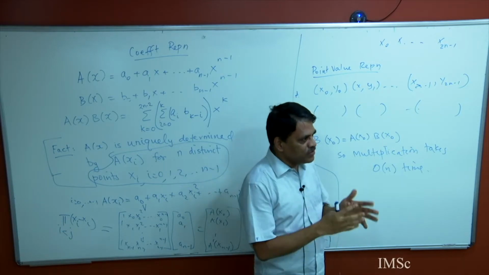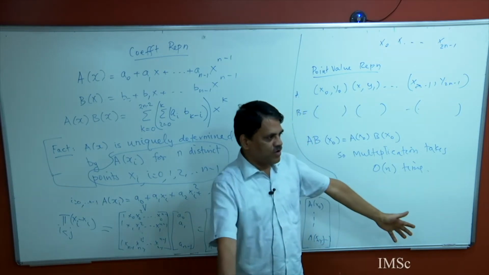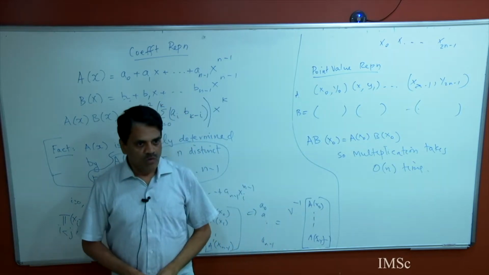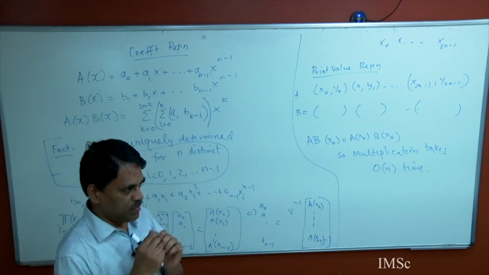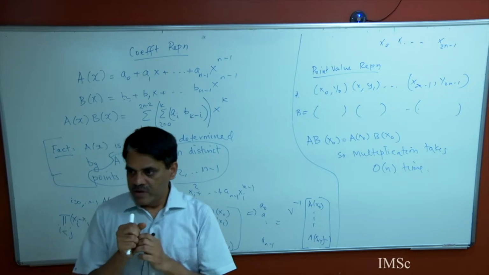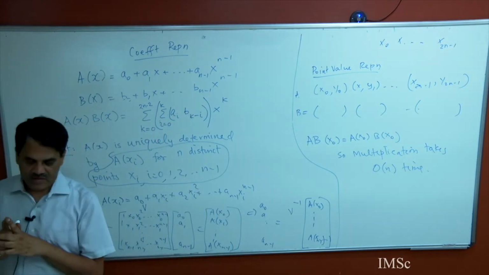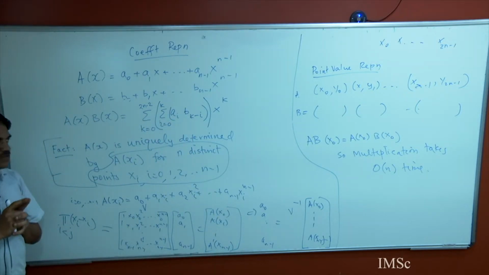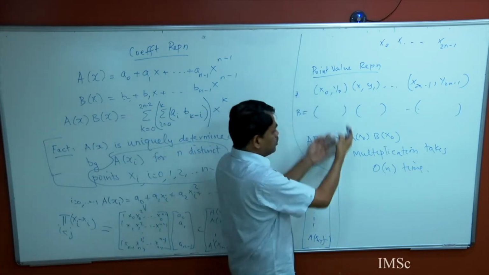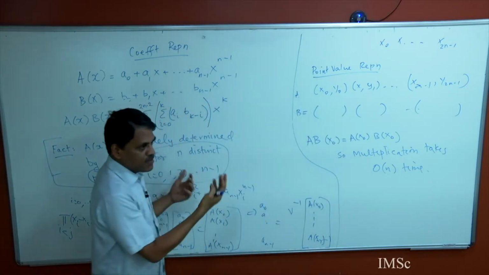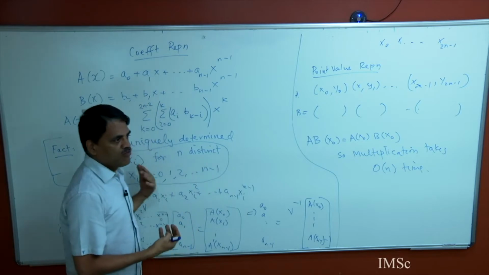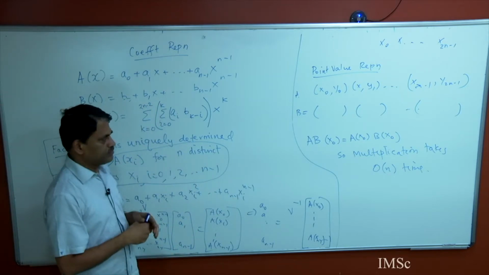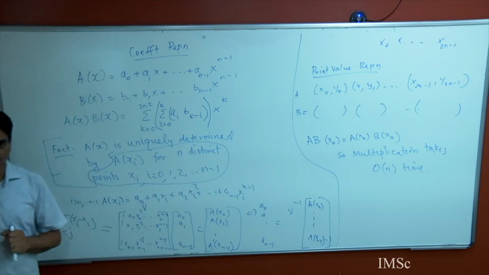So can I come up with some interesting set of n points where evaluation would be faster? Okay. So that's the question we want to address. And similarly, also I want to do the multiplication and come back here also, the same problem. I want to come back here faster in n log n time.